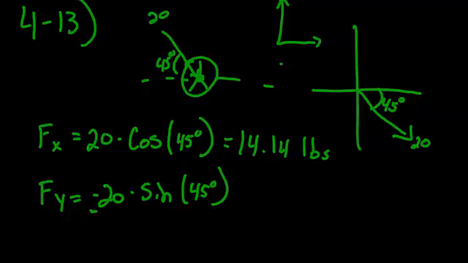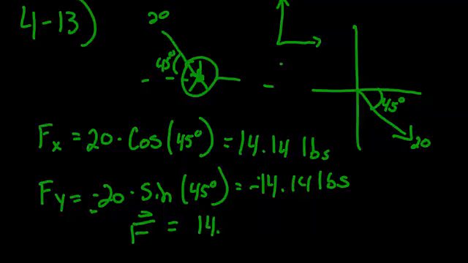So this is equal to negative 14.14 pounds. So we can represent this in rectangular form that the force is 14.14 minus i hat minus 14.14 j hat.